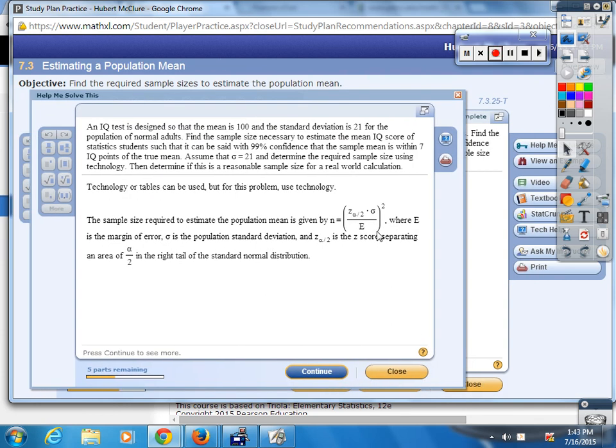All right, let's see, okay, find the required sample size. Now, to do this, let's see if they give it to you here. No, there it is. Instead of looking in the book, they usually give it to us. There we go. Write this down. N is equal to Z times standard deviation over the margin of error, all that squared. Z alpha over 2. That's what we did in 7.2 and 7.3.